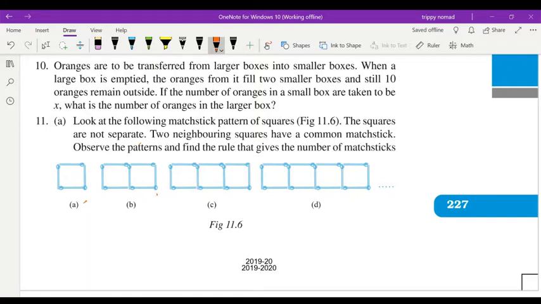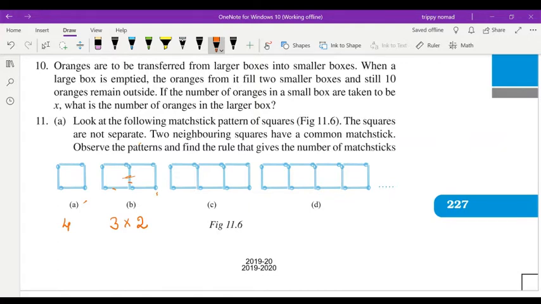The number of matchsticks required for 2, you see, 3 are common, and 3 are separately required and 1 is common. That means the number of matchsticks for this one is 4.